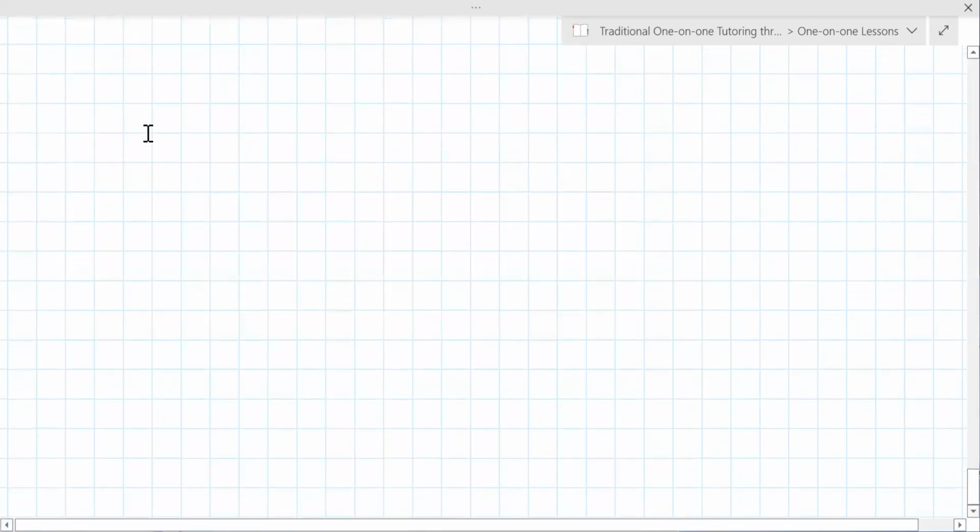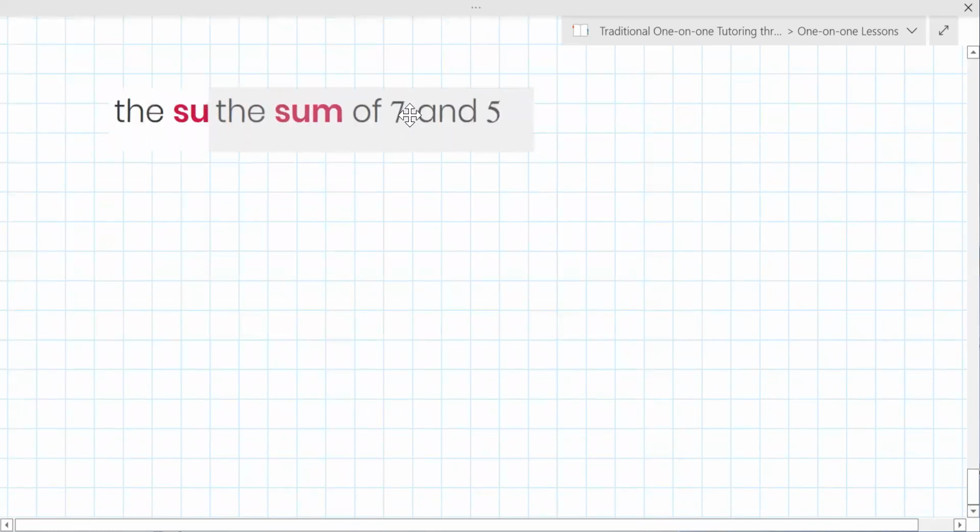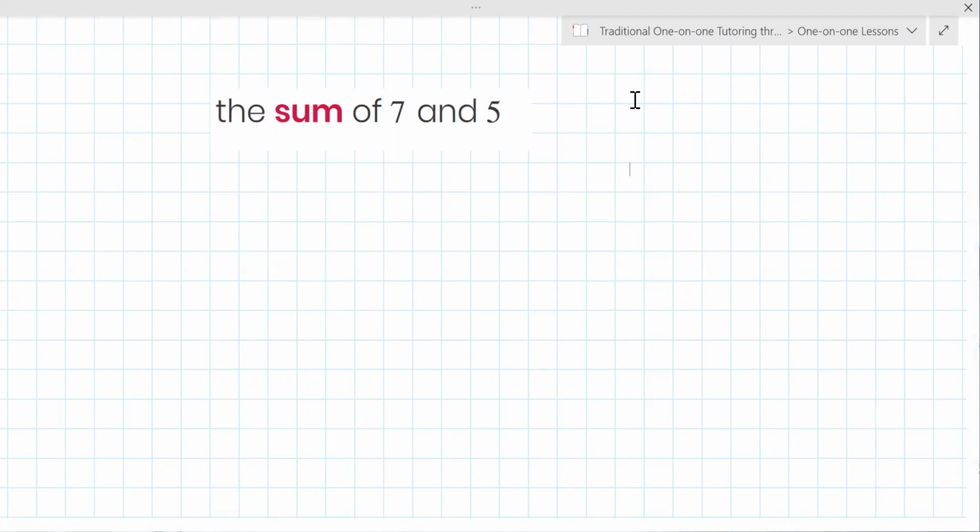So now we're going to talk about compound expressions, which just means that there's more to it. So I'm going to do this in pieces. How do you write the sum of 7 and 5? 7 plus 5, very good.